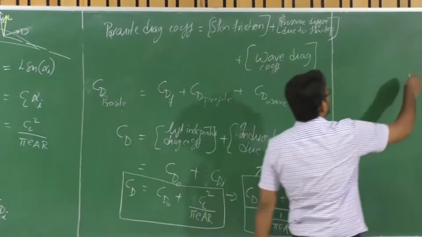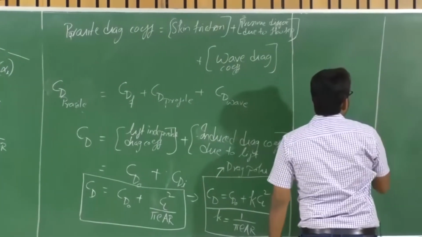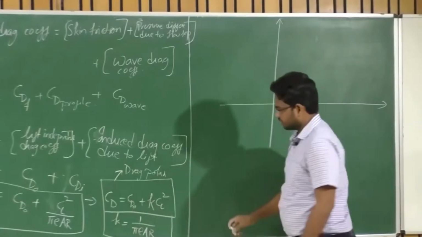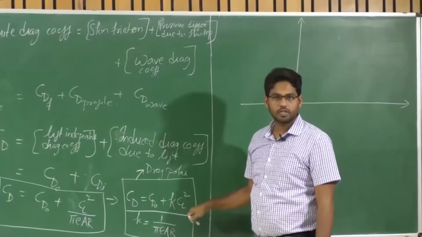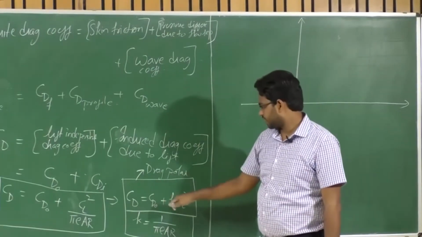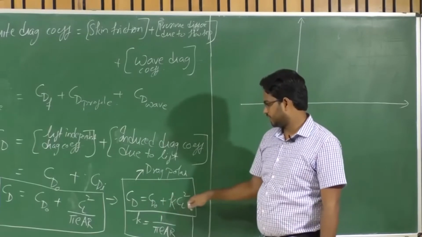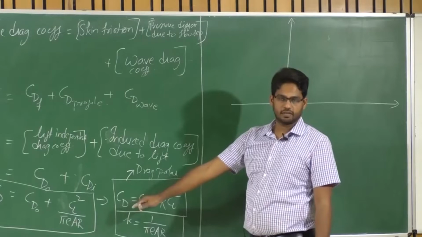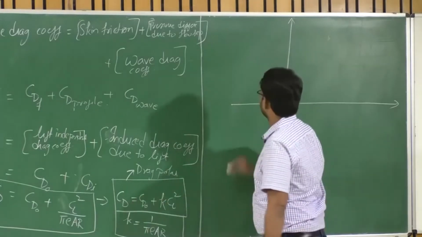So if we look at the variation here, if I plot CD with CL, how does CD change in the lower subsonic speeds? Here you can see CD naught is lift independent drag, isn't it? So as the CL changes, we have variation in CD, isn't it?